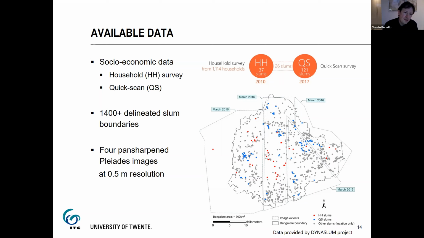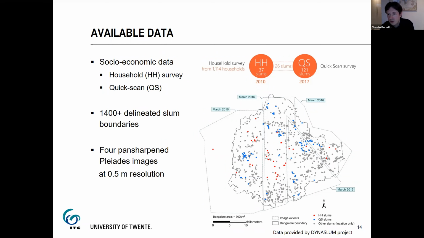But we also had access to what we call a quick scan, which contains a set of variables that can be collected simply by walking through the slum, by a person noting down a set of characteristics, so without interviewing the people living there. This less detailed information is easier to acquire, and we collected a larger sample.